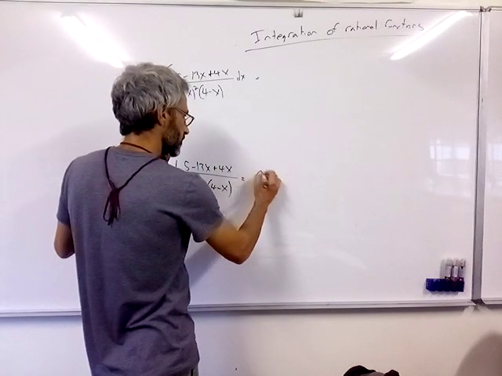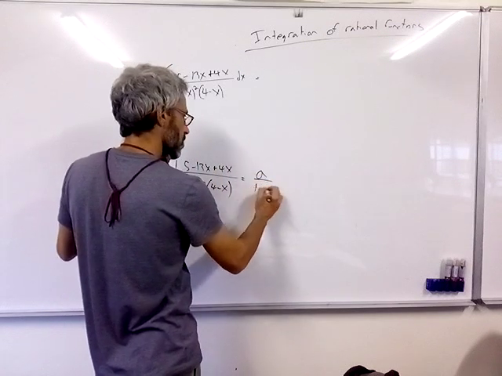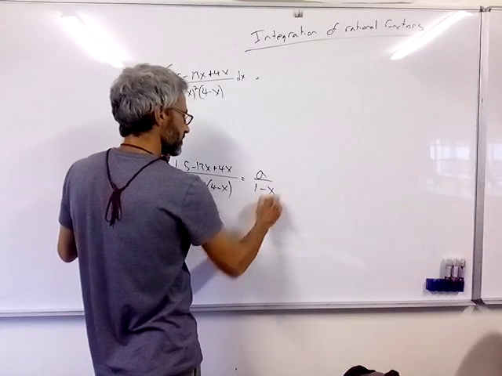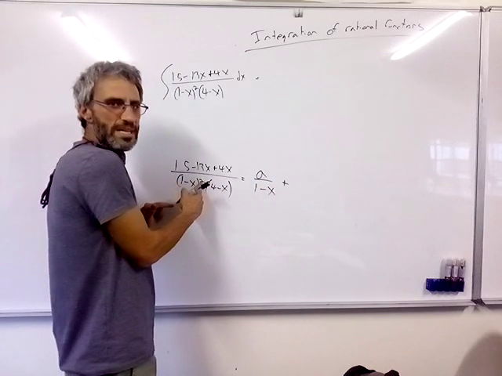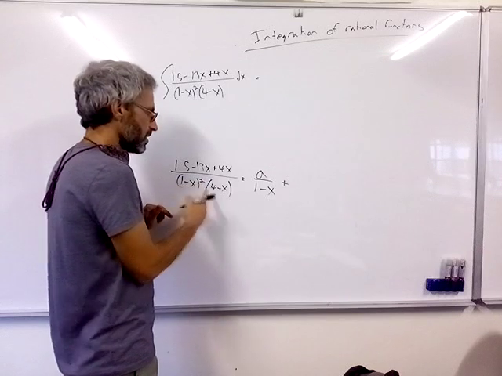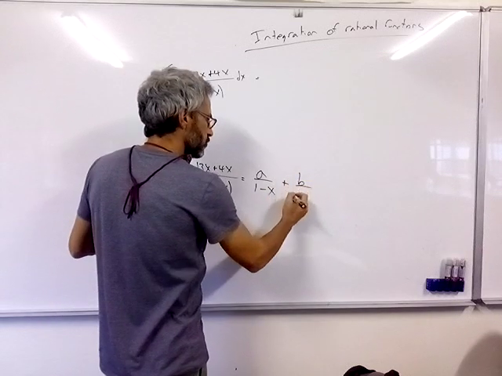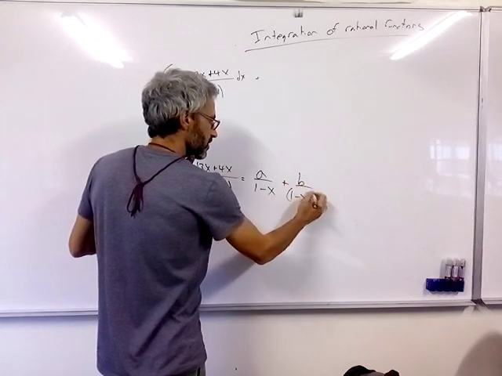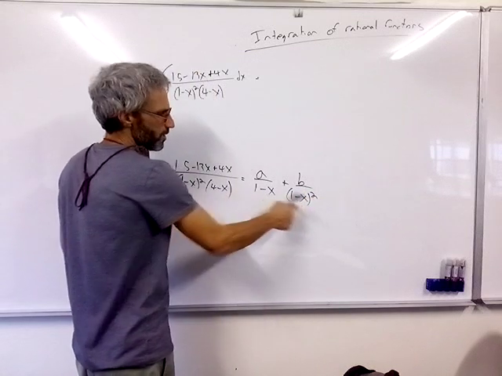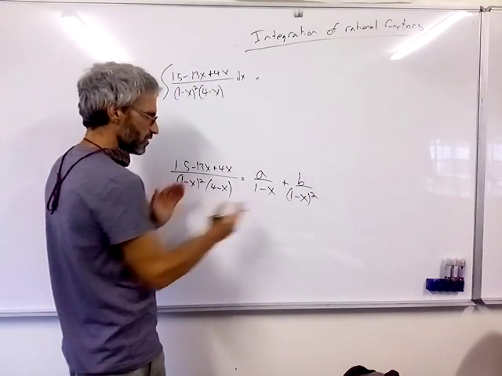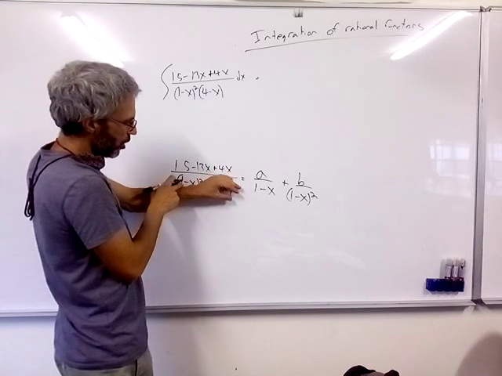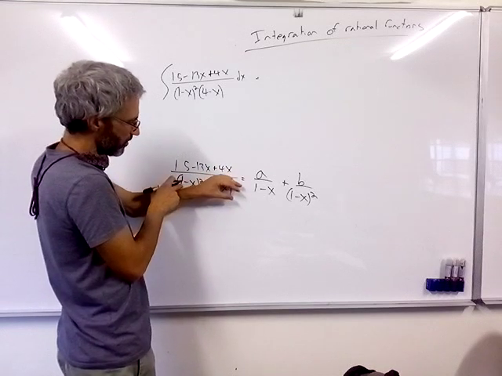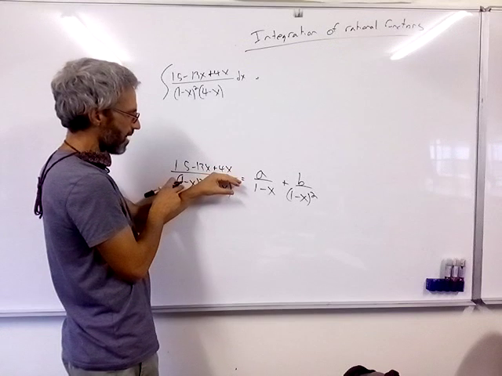The first one is going to simply be a divided by 1 minus x. The second one, if you remember, what we've got here is a repeating factor. We've got a square. So it's going to be made out of two fractions. One where it's not squared and one that it is squared. Why is that? Because if you think about it, let's say we didn't have him. What will be the lowest common denominator, like 1 minus x squared?